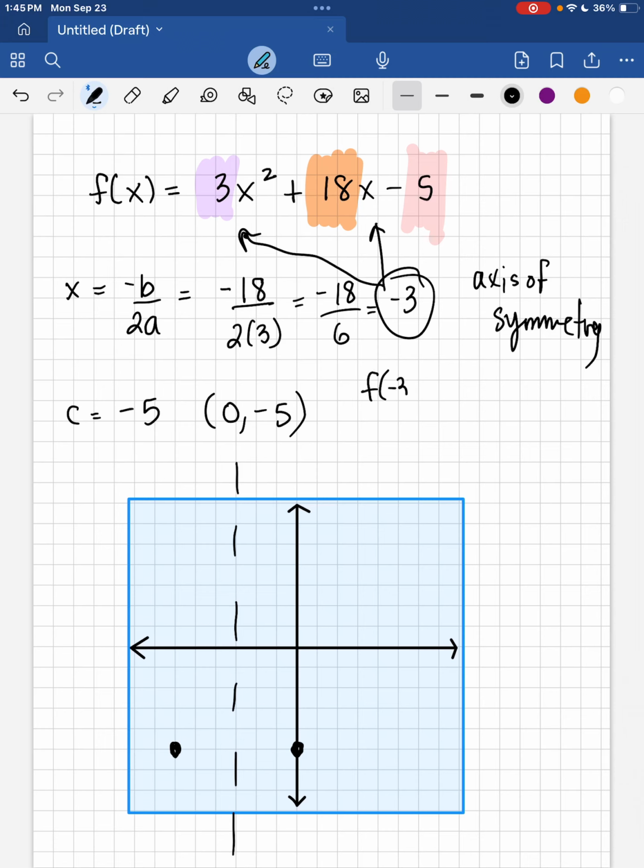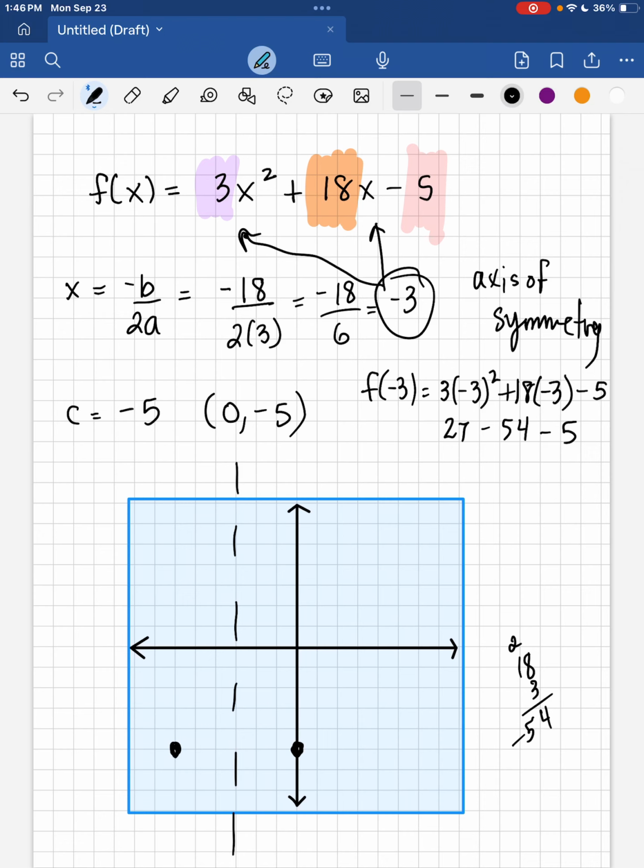So here I am, I'm going to do f of negative 3, which is going to be 3 times negative 3 squared plus 18 times negative 3 minus 5. So that's going to be 9 times 3 is 27 minus, let's see, 18 times 3. That's negative 54.